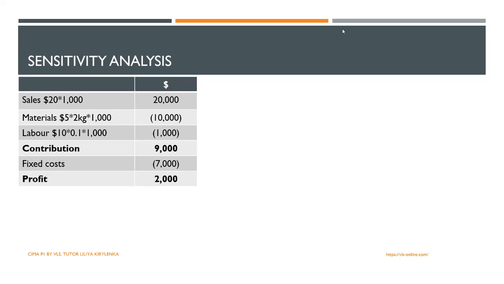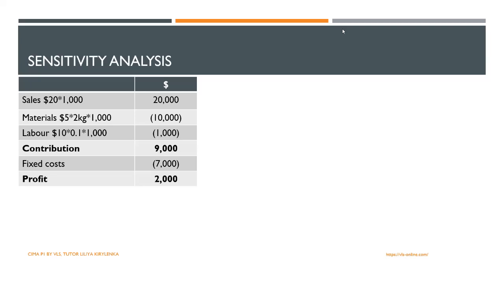But we do know that some things can go not as expected, and we want to see by how much our assumptions can change so that our decision changes. Right now we see that we are going to get profit, so our decision is to produce, but by how much should our variables change so that we decide not to produce?